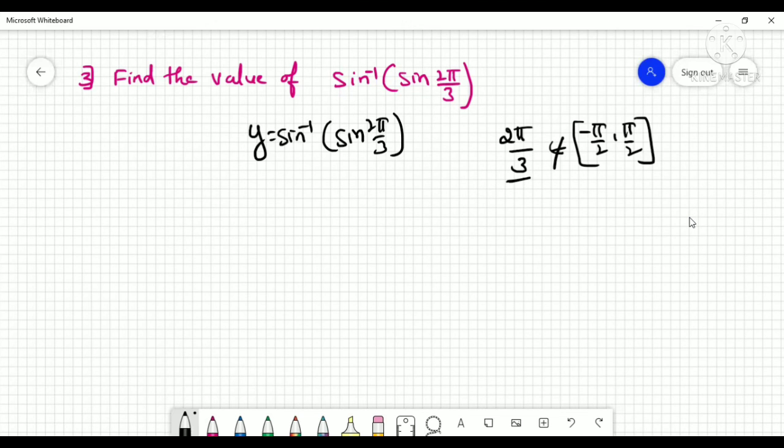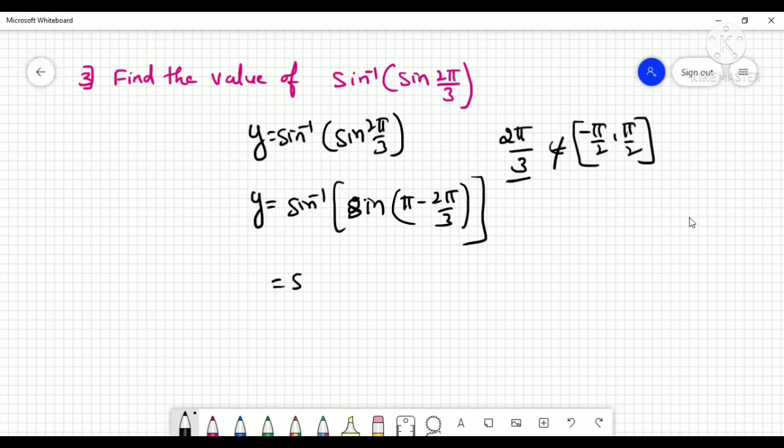That's why I will change it. Sine inverse of sine 2 pi by 3 I can write as sine inverse of sine of pi minus 2 pi by 3, since sine 180 minus theta is sine theta.